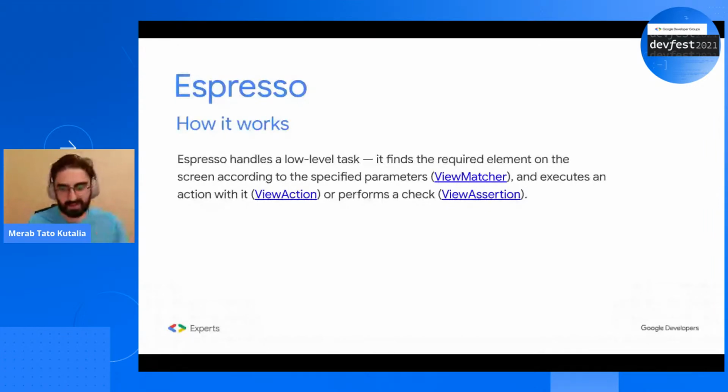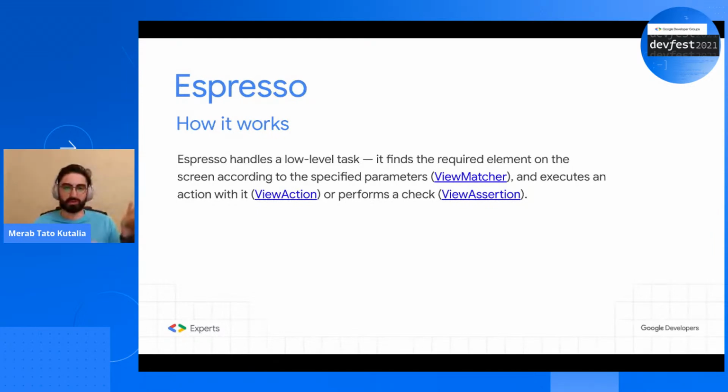It's, as the name suggests, of course, with specified parameters. We will talk about the parameters a little bit later. And of course, the executor part, called view action, is responsible for the click, long click, scroll, and all the other actions, and to check something.